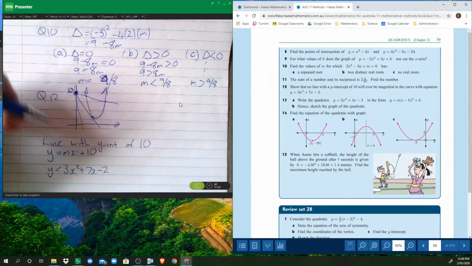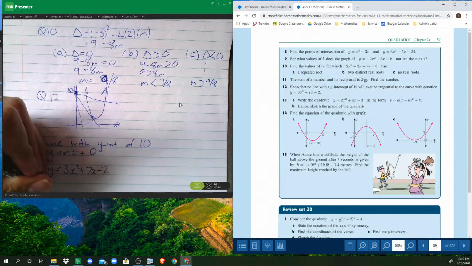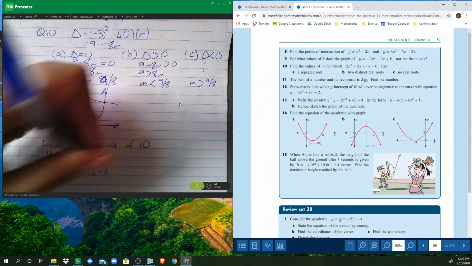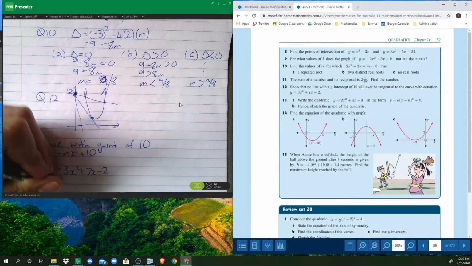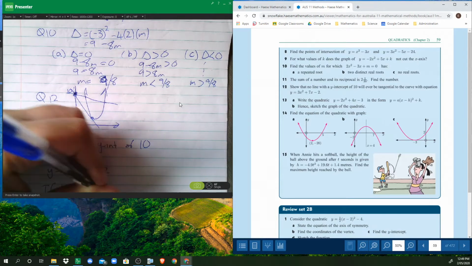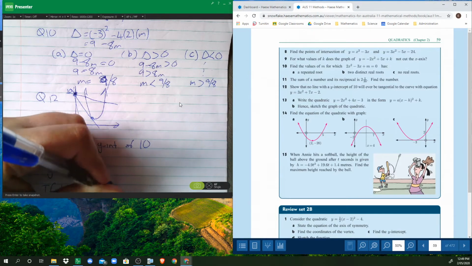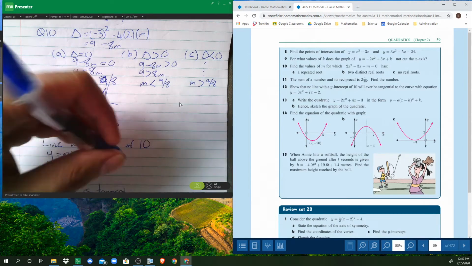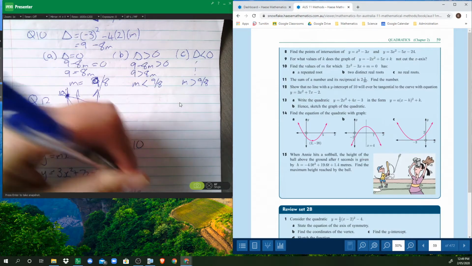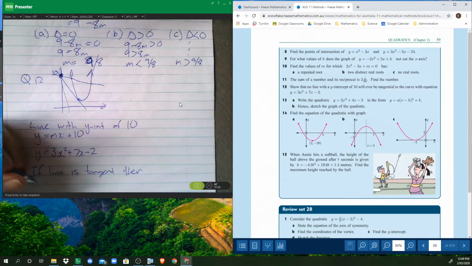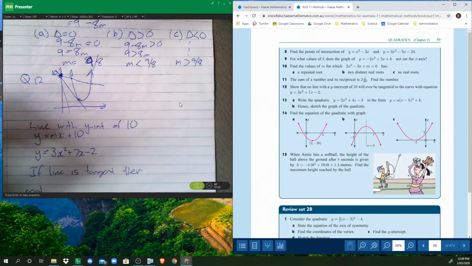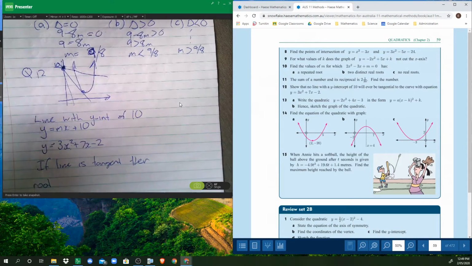How does this connect to our theory? Well, basically, if the line is tangent, then, okay, roots, so remember, roots just means solutions of an equation.